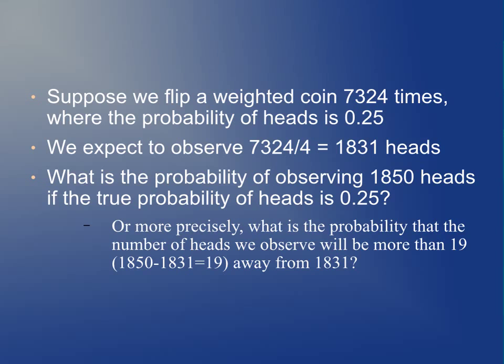So we may want to calculate the probability of observing 1,850 heads if the true probability is 0.25, or more precisely, what's the probability that the number of heads we observe will be more than 19 away from 1831. In the past, nobody would perform tests like this because calculating this probability without a computer would be a nightmare.